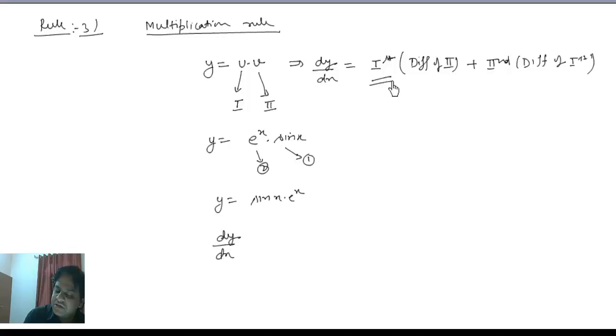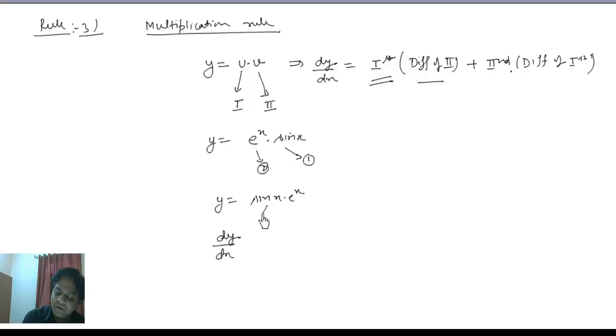So keep the first function as it is, differentiate the second function and multiply it with the first function. Put a positive sign. Keep the second function as it is. Now differentiate the first function and multiply it with the second function, which was kept as it is.